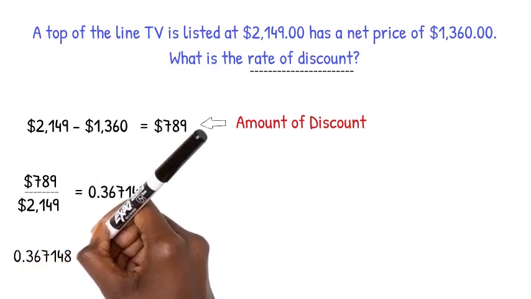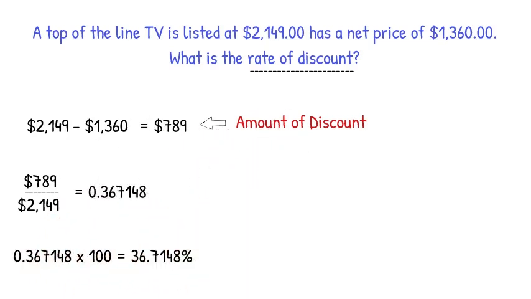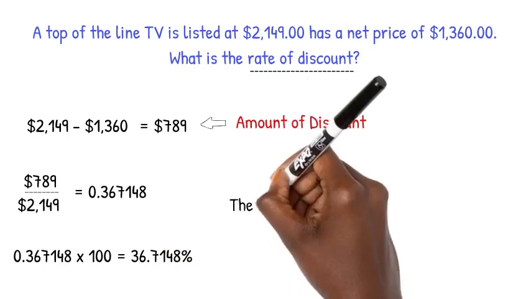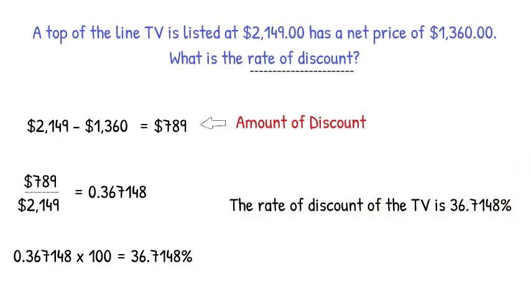Now, we know that all percentages are expressed out of 100, so 0.3671448 multiplied by 100 is 36.71448. This means our discount rate was 36.7148%.